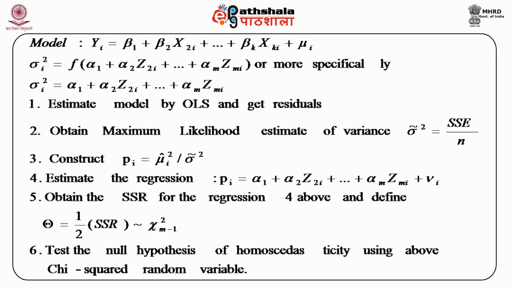Now, if alpha 2 is equal to alpha 3, and so on, is equal to alpha m, and all this is equal to 0, then sigma i square is equal to alpha 1, which is a constant. Therefore, the null hypothesis of no heteroscedasticity is alpha 2 equal to alpha 3 till alpha m is equal to 0.